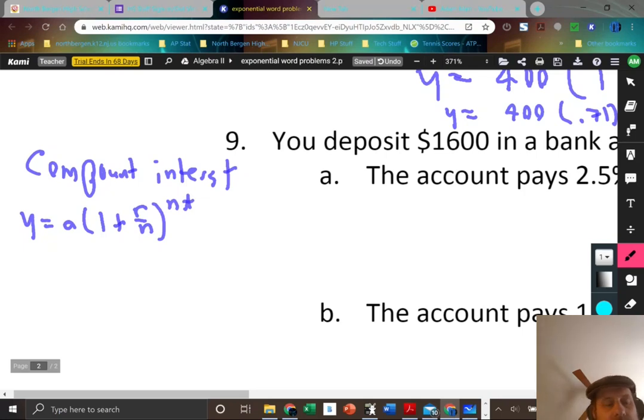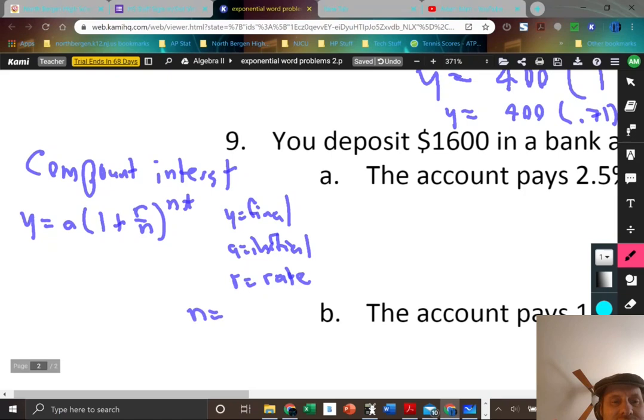Defining this once again, y is your final amount. A is your initial. R is going to be your rate, once again. What is n? N is the number of compoundings, the times you're compounding it.